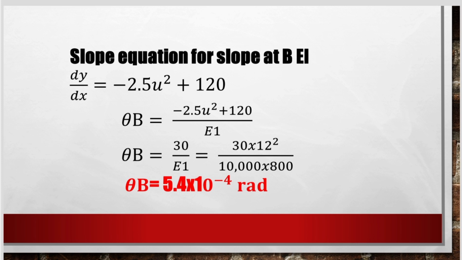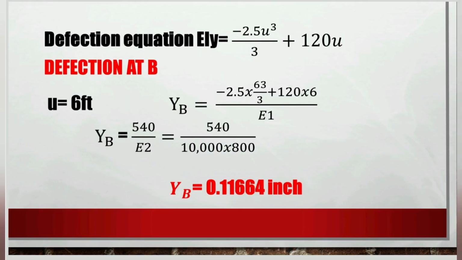Our theta B equal 5.4 times 10 to the negative 4 rad. Deflection equation: EI y is equal to negative 2.5 x cubed over 3 plus 120 x.